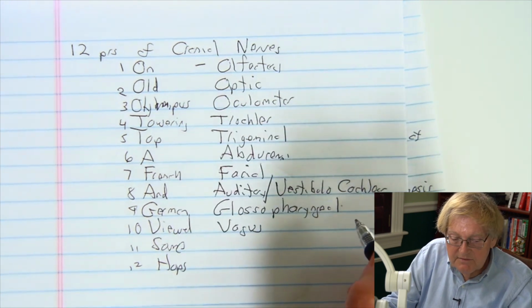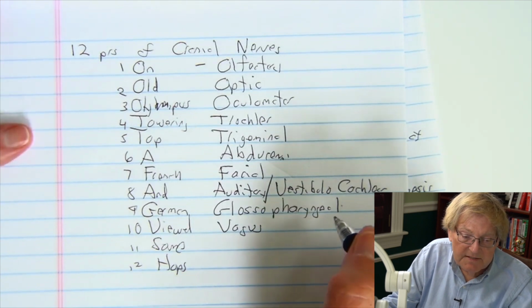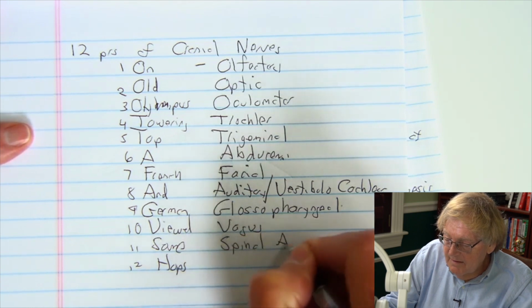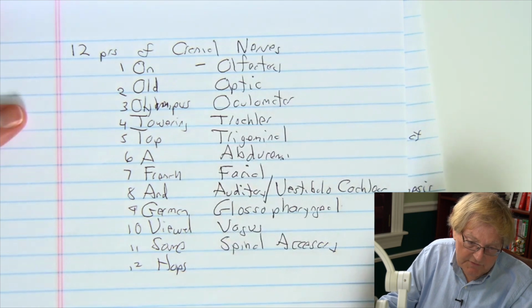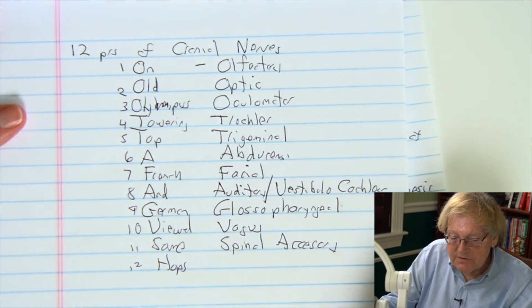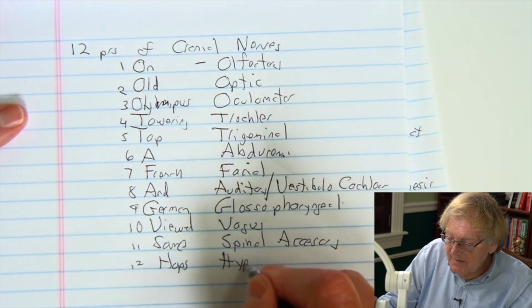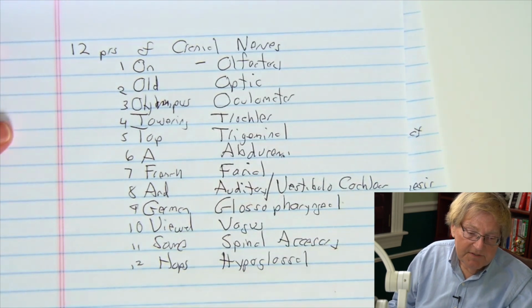So you always think of the vagus nerve controlling your heart, or the sympathetic nervous system besides that. S, your spinal accessory nerve. If you recall back from the muscles, remember the spinal accessory nerve innervated the trapezius, sternocleidomastoid, and H is hypoglossal. And remember, hypoglossal is going to be, again, your hypo below the tongue.